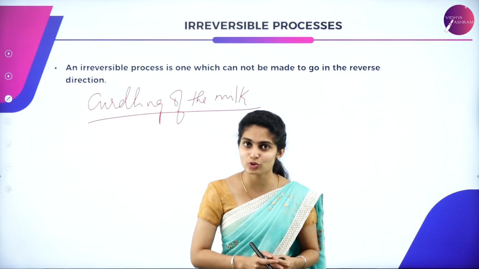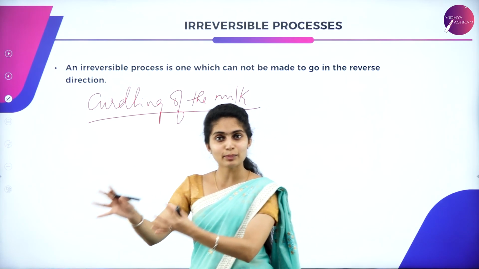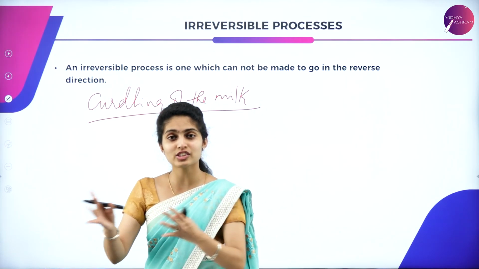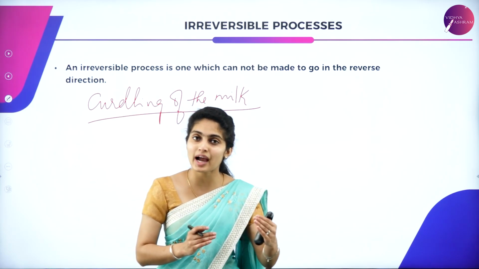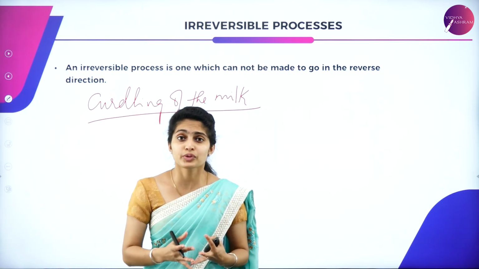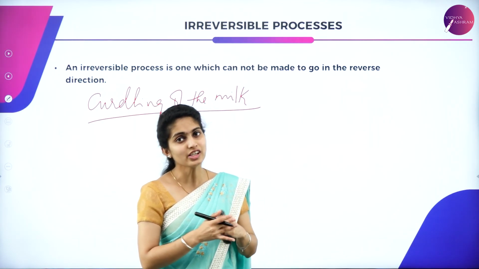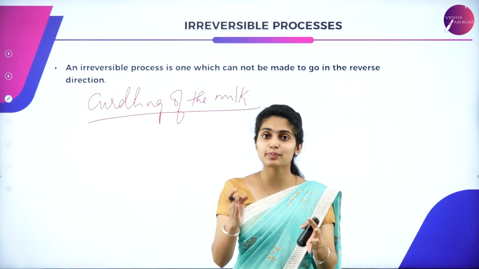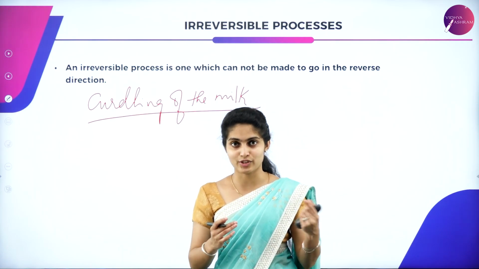Isothermal process means the temperature is constant while pressure and volume change. In the isochoric process, the volume is kept constant, whereas pressure and temperature change. In the isobaric process, the pressure is kept constant, wherein temperature and volume change.